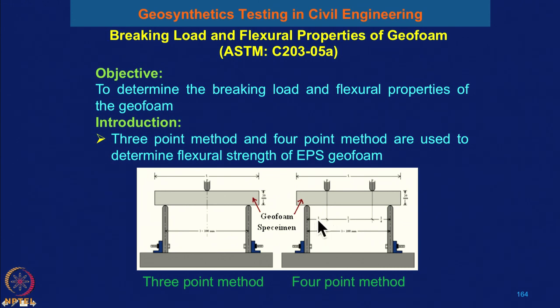This is, let us say, L1, and this is L1, and this is the L, and here also this distance is about 20 millimeter, and this small L is equal to 100 millimeter. So, this is the size of the specimen on which you can perform the strength test of the EPS geofoam material.